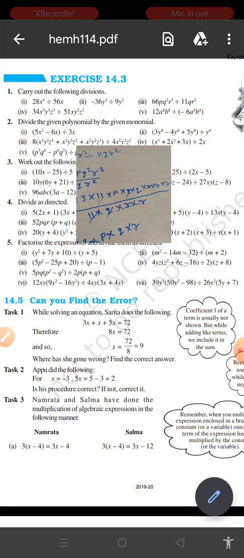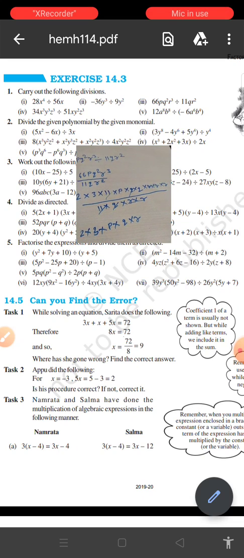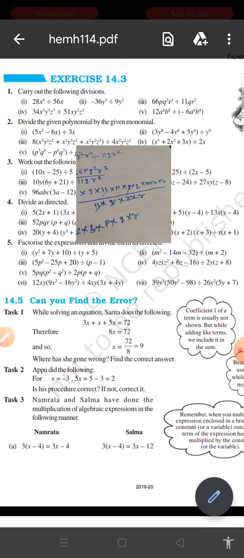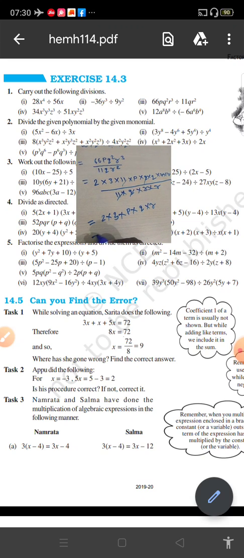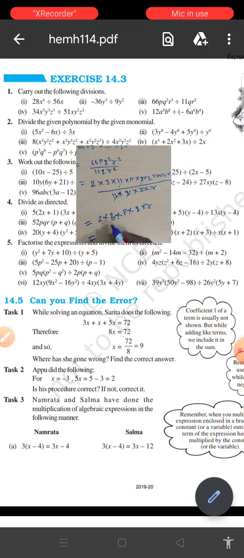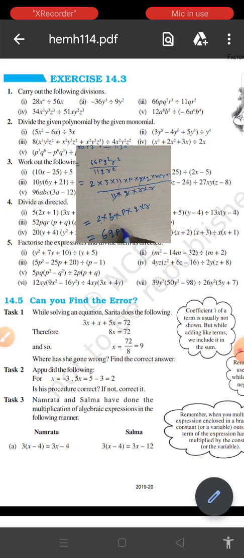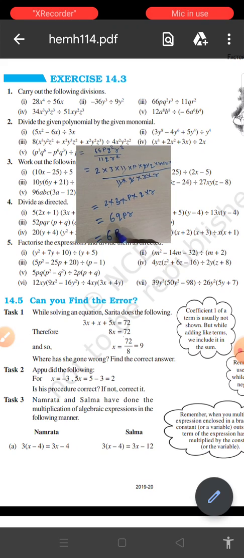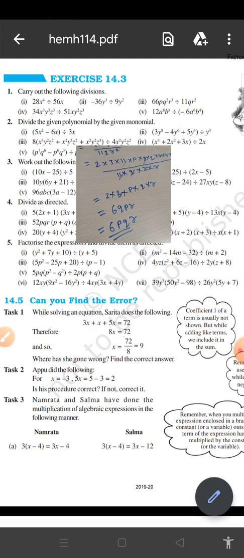You can cancel here. Then we obtain 2 into 3 into p into r into q, and this is your required result. 2 times 3 is 6, so 6pqr is your required result.